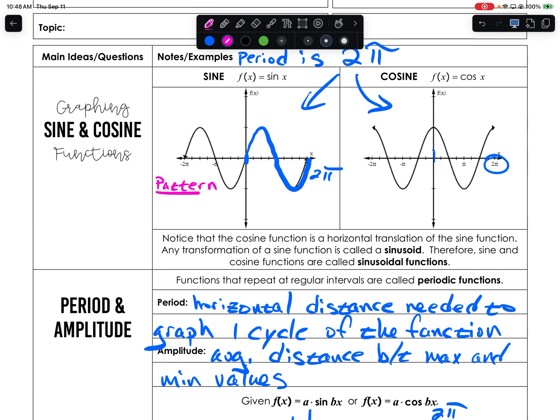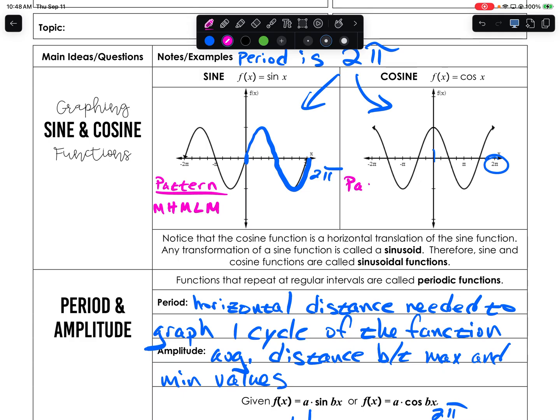So the pattern is we start in the middle for sine, right? This is sine. We go middle, high, middle, low, middle, right? So middle. This helps like 2 kids in the class. It's great. Middle, high, middle, low, middle. That's how that one goes.